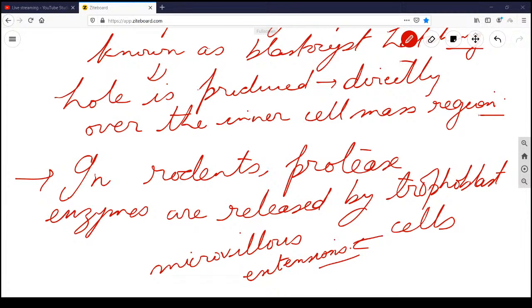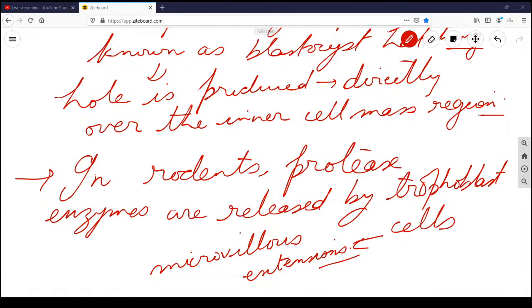Okay. Now enzymatic activity around the entire trophoblast soon begins to dissolve the rest of the zona pellucida. So in humans, the only problem is nobody wants to participate in the research directly, because the baby's life would be in danger. So in vivo assays, or in the body assays, have happened a very few times.